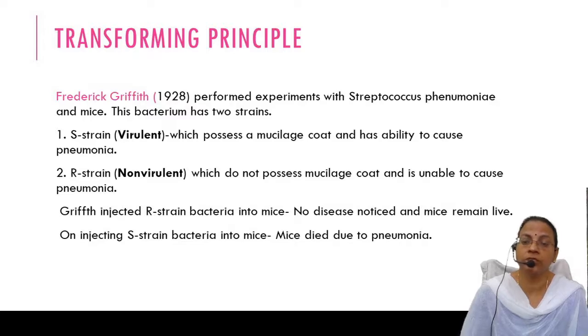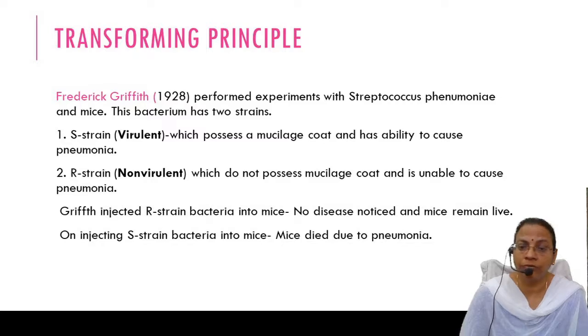This is due to the presence of a particular type of polysaccharide. If that polysaccharide coating is very smooth, then he named it the smooth strain, and if it is rough, he named it the rough strain. So, S strain and R strain. Along with that, he found out that the S strain is virulent. What do you mean by virulent?